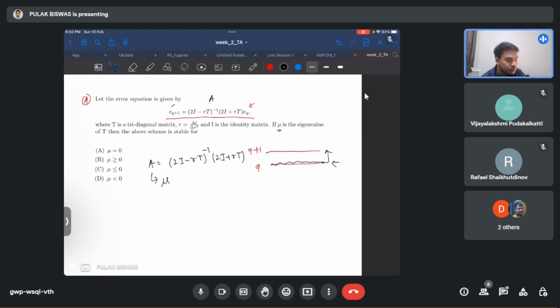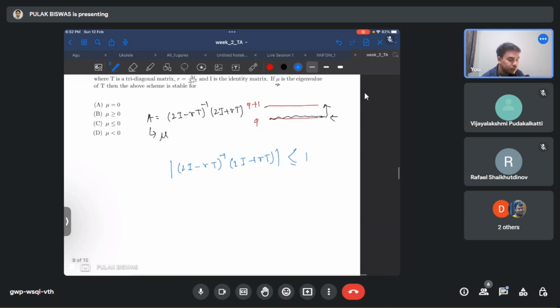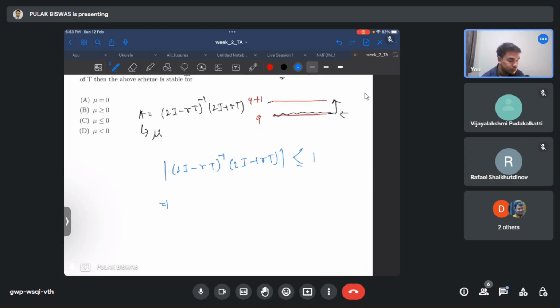So from that you are actually solving this problem. And it is already mentioned that mu is the eigenvalue, so it is coming like this. Mu is already given, that this is the eigenvalue of t, so you can use that.